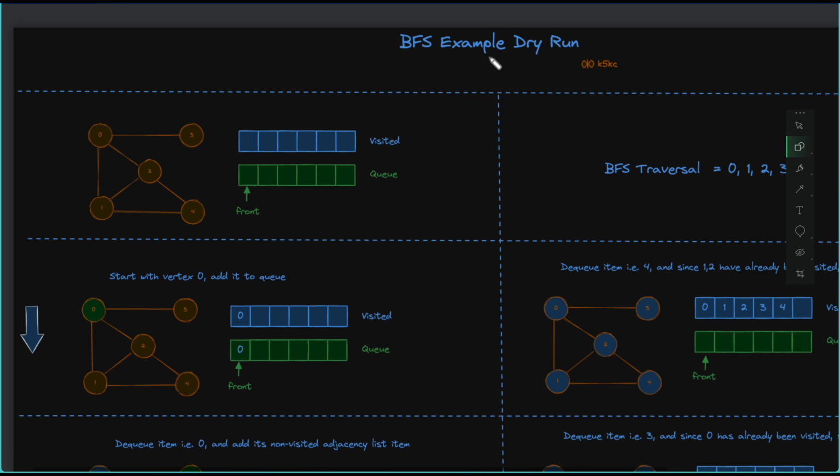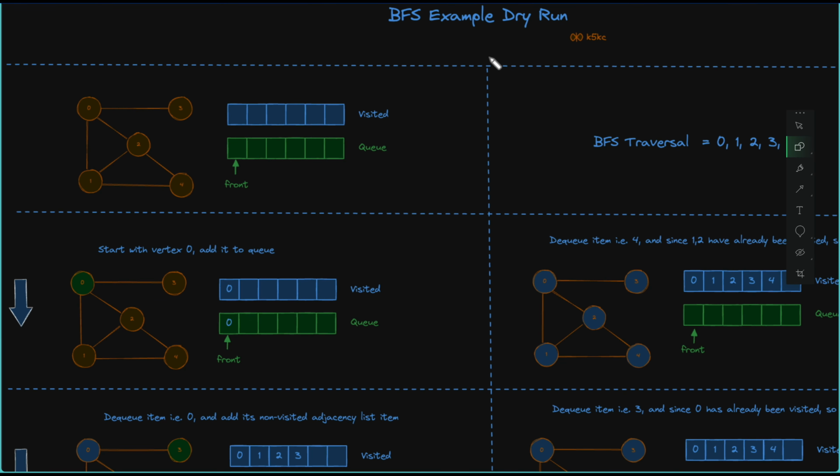And similar to DFS, we will use a visited set. The idea of using a visited set is that graphs can also contain cycles, and we want to make sure that we don't trap ourselves in those cycles.